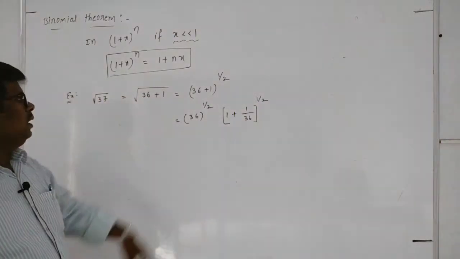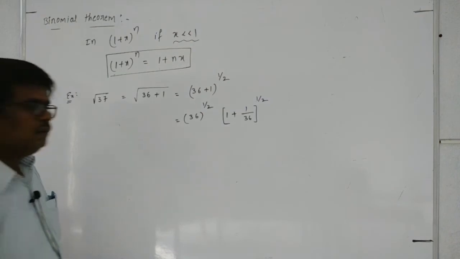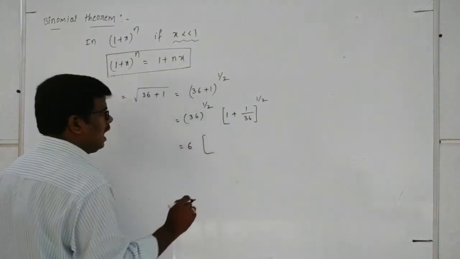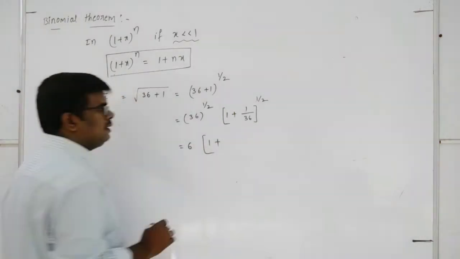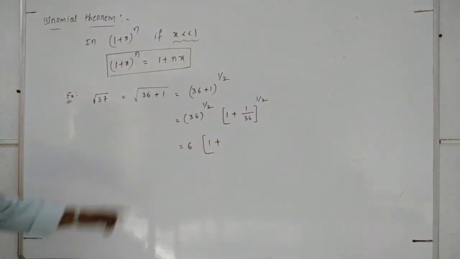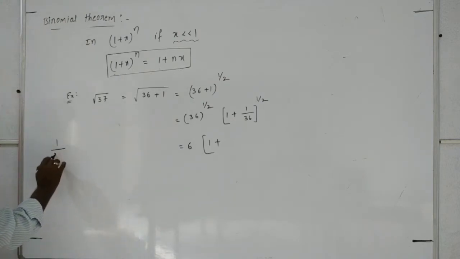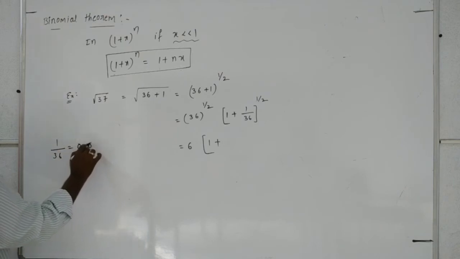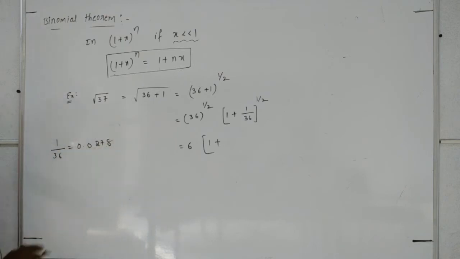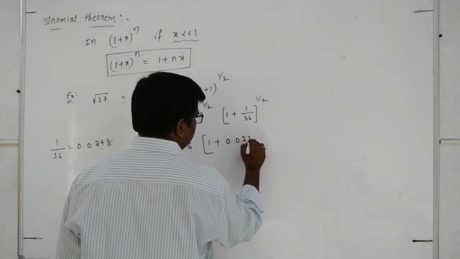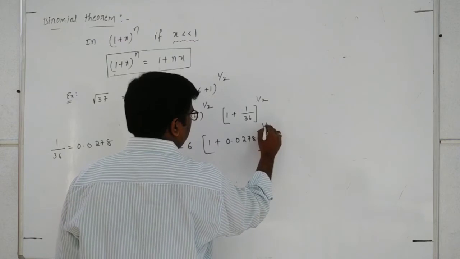Root 36 is 6 only. So we have 6 into 1 plus 1 by 36. 1 by 36 is 0.0278, so it is 0.0278 whole power 1 by 2.